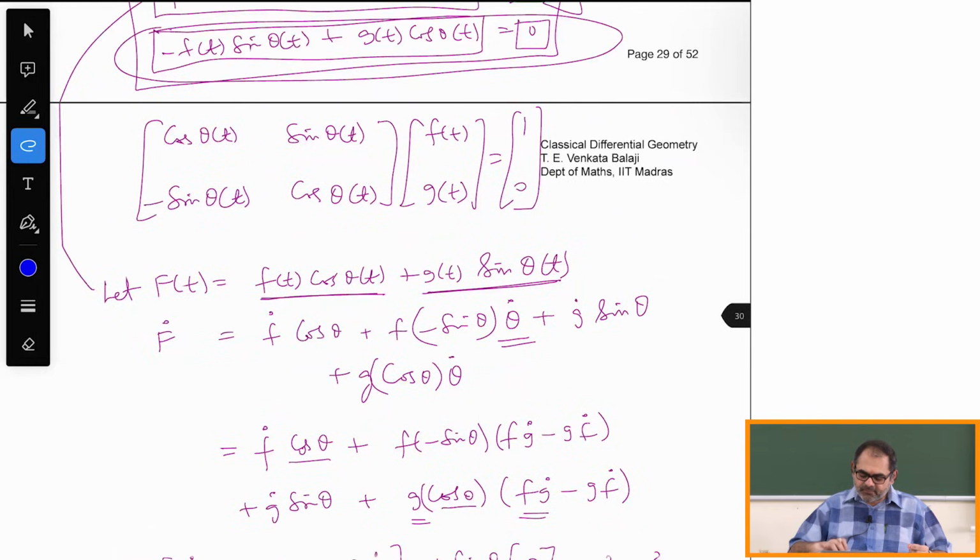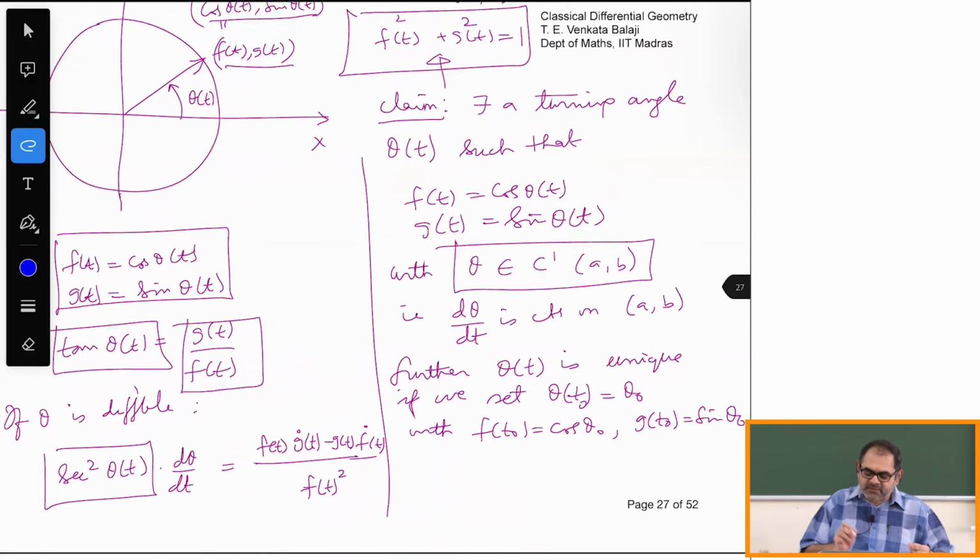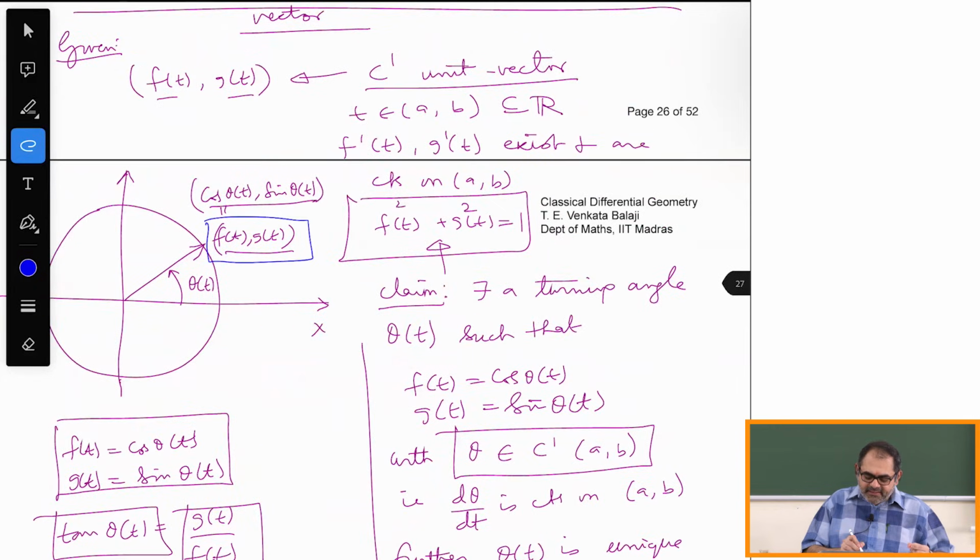If I just recall for a moment, if you had started with this (f(t), g(t)) as a unit vector and theta(t) is this obvious angle, then you would like to write f(t) is cos theta(t), g(t) is sin theta(t), which is correct.